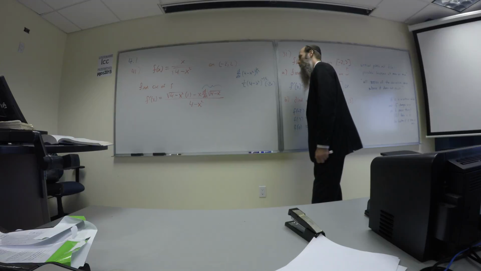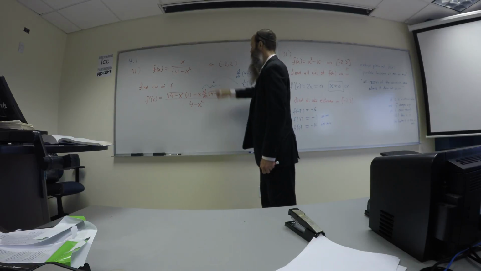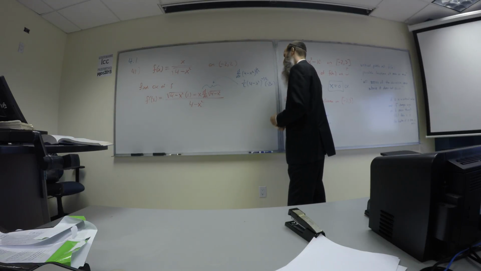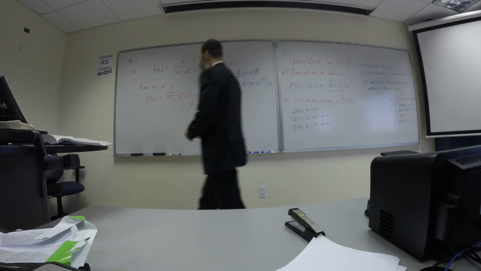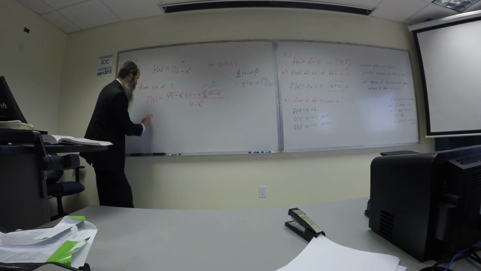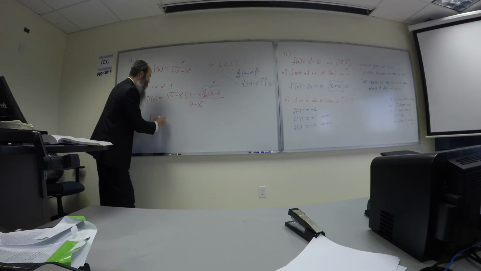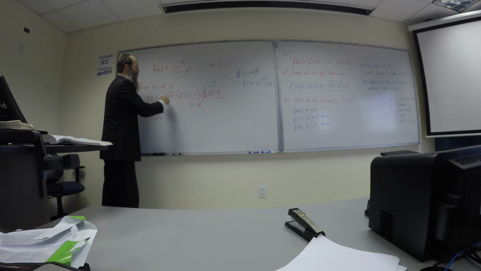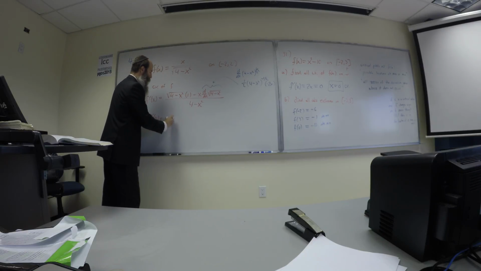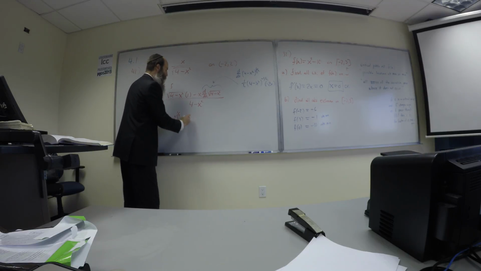Fantastic. So that's what goes here. Here's where you have to be a little more careful. Please be careful. So f prime of x is, writing this in terms of its fractional power, 4 minus x squared to the 1/2, and then minus x.